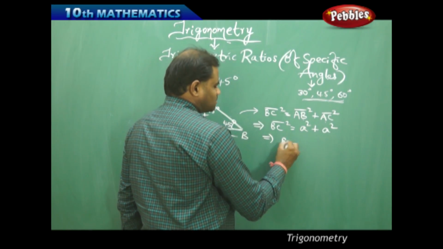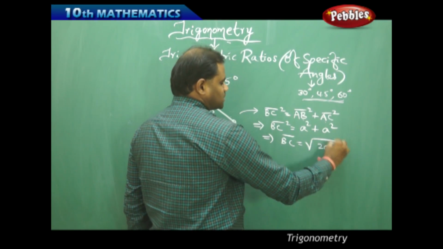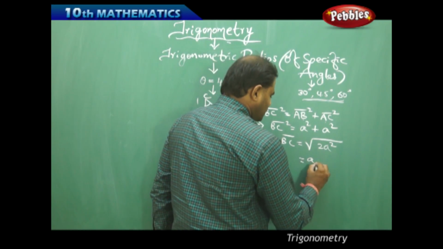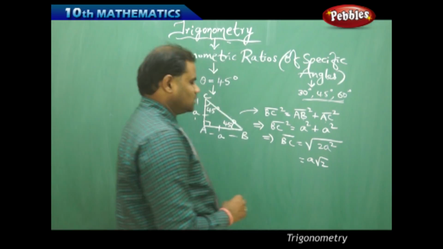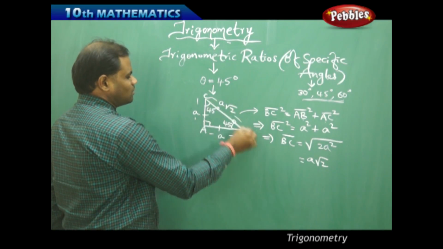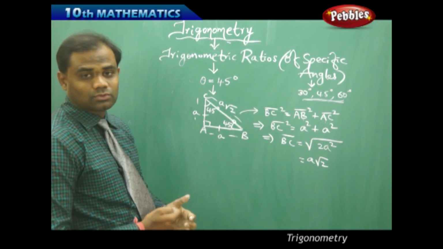That implies my BC is root of A square plus A square, which is twice A square. So this comes out to be A root 2. Therefore, my measurement BC is A root 2. AB is A, AC is A, BC is A root 2 units.